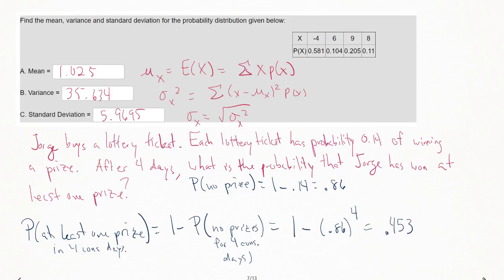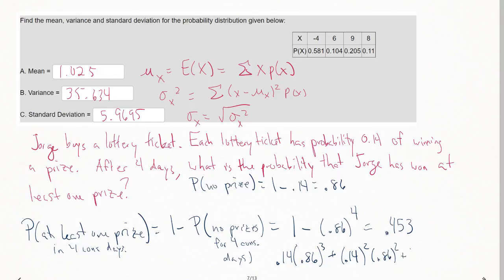Now, that wasn't the only way. As we mentioned, we could have done exactly 1 prize, exactly 2 prizes, exactly 3 prizes, and exactly 4 prizes. So the way we could have done it the other way: exactly 1 prize is 0.14 to the first and 0.86 cubed. Exactly 2 prizes is 0.14 squared times 0.86 squared.